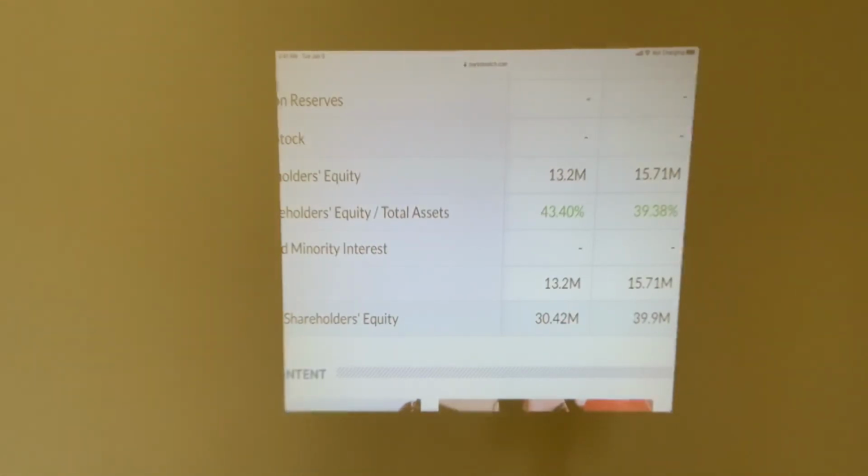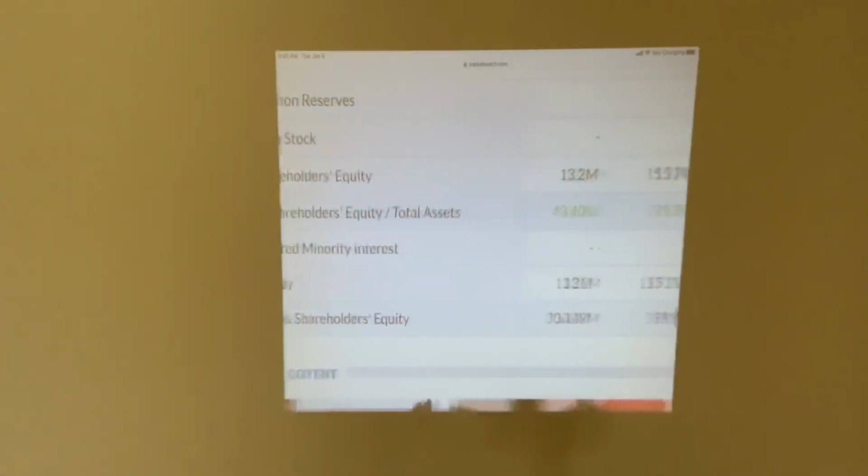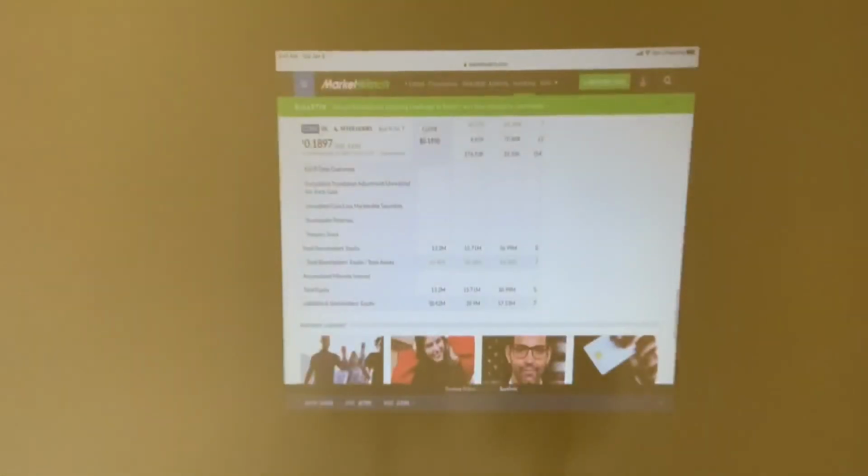Or you can just divide their total liability by their total assets. So here you have 43%, 39%, 64%, and the last quarter they reported they have 71%.